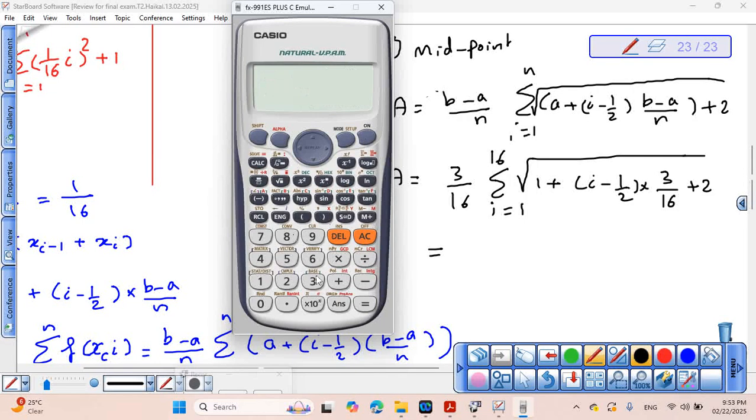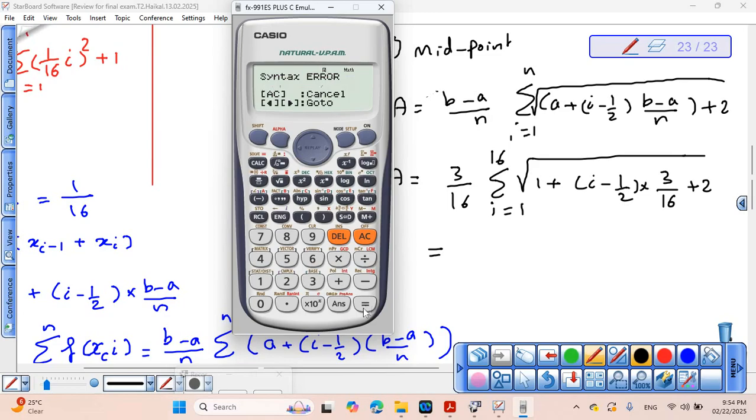This is equals 3 over 16 times summation, radical 1 plus, sorry, plus, not minus, open brackets, i minus half, close the brackets, times 3 over 16, plus 2.